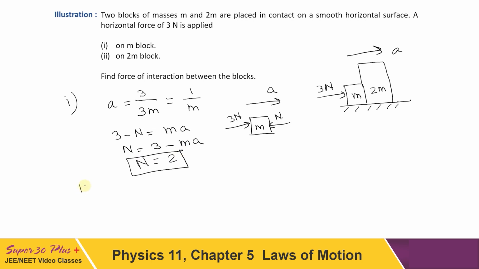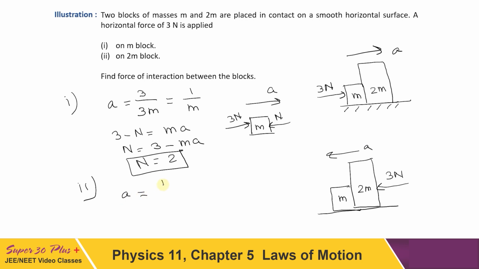The second condition is when the force is acting on the 2m block. So let us now apply this force on 2m. This is block 2m. The force applied has the same magnitude, 3 Newton, and here is another block m. Again the acceleration will have the same value we got earlier, equal to 1 by m. This time if you write the FBD for the bigger block, that is 2m, what forces are there?